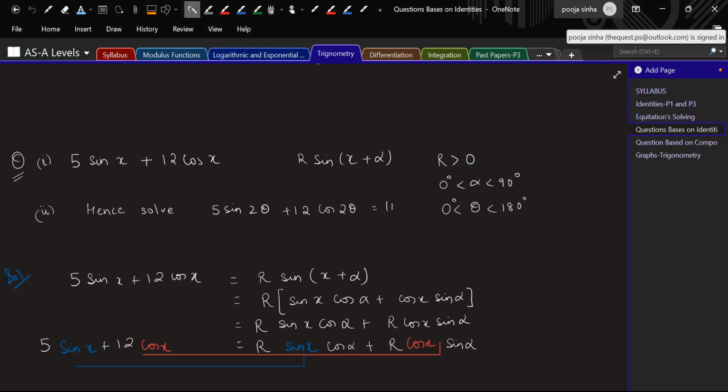I have to find R and alpha, right, in the first one? R and alpha in the first one. And in the second one, theta.